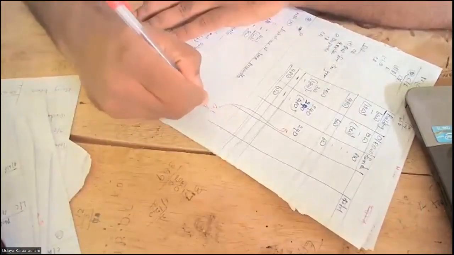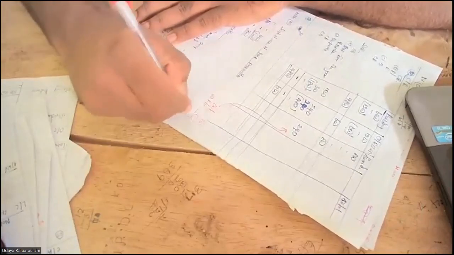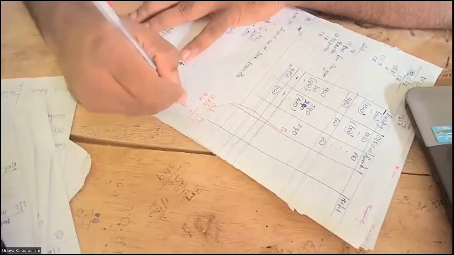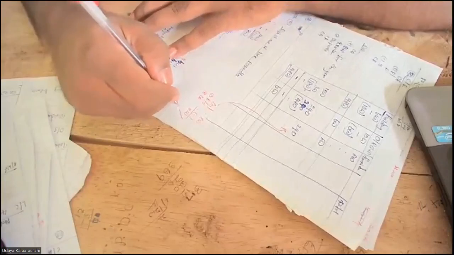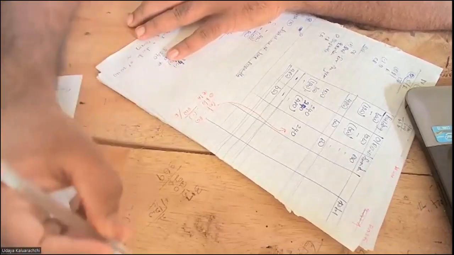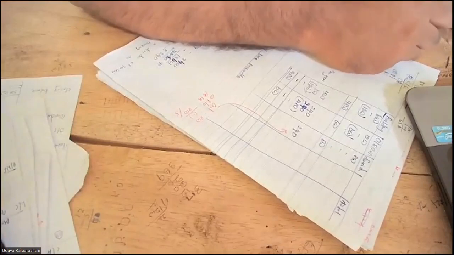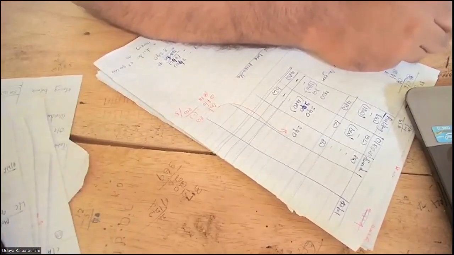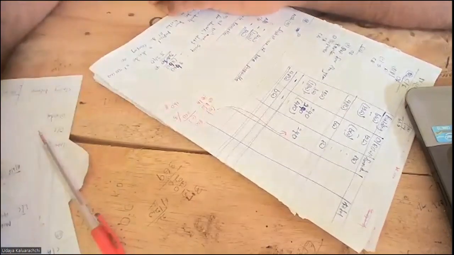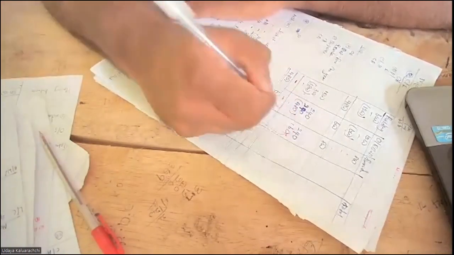Cost is 800 minus residual value, no residual value. Then the depreciable amount is 800 divided by 5. Right, 800 divided by 5 is 160. So depreciation for the year is 160.